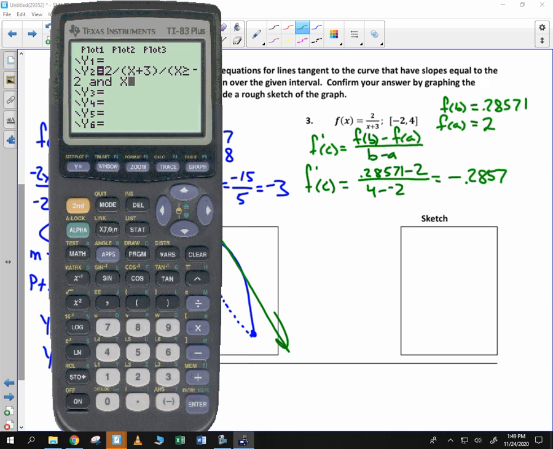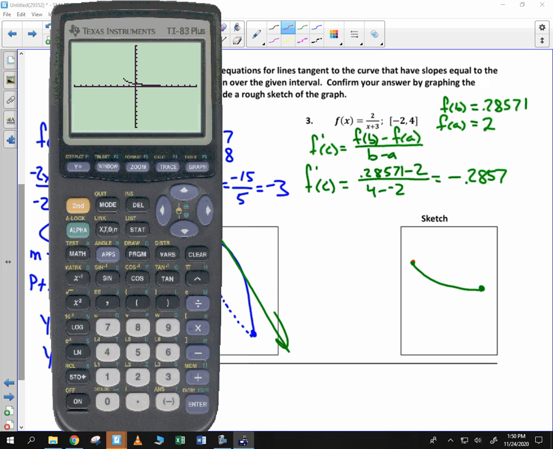And then x is less than or equal to 4, excuse me. We'll check out that graph. And there it is, okay? So that graph, you can see it looks just like that. Does that look like it has an average rate of change of negative 0.2857? I would say it does.